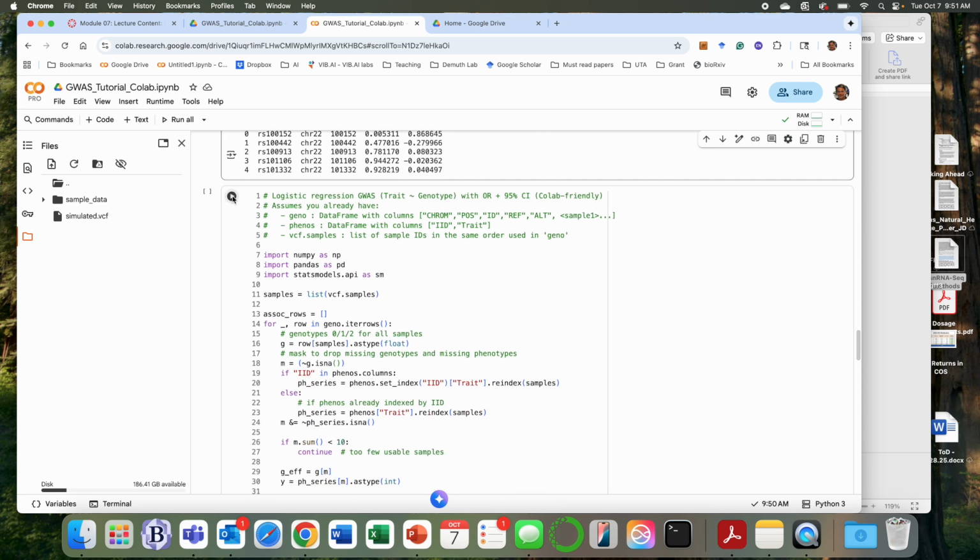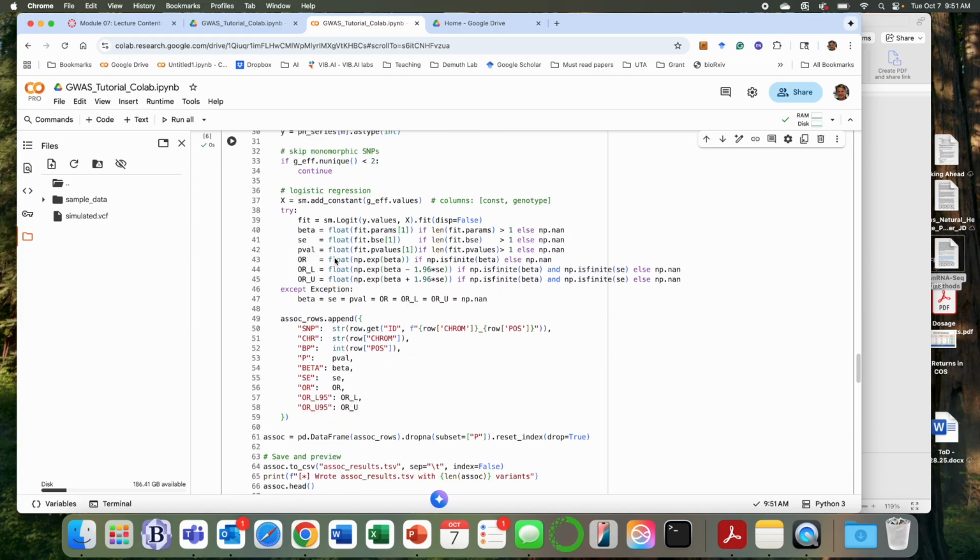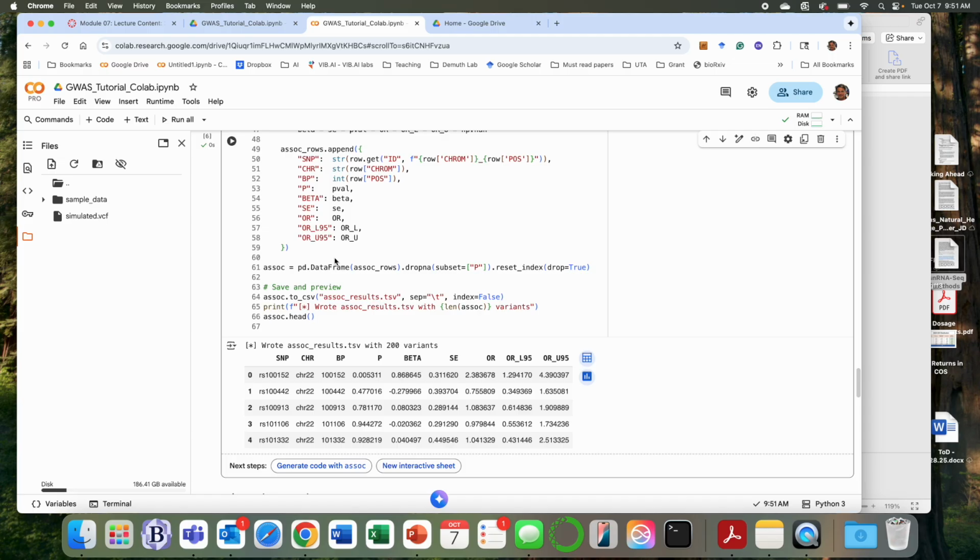All right, and then the next cell. We've got the associations done, and now this generates output with odds ratios and confidence intervals.